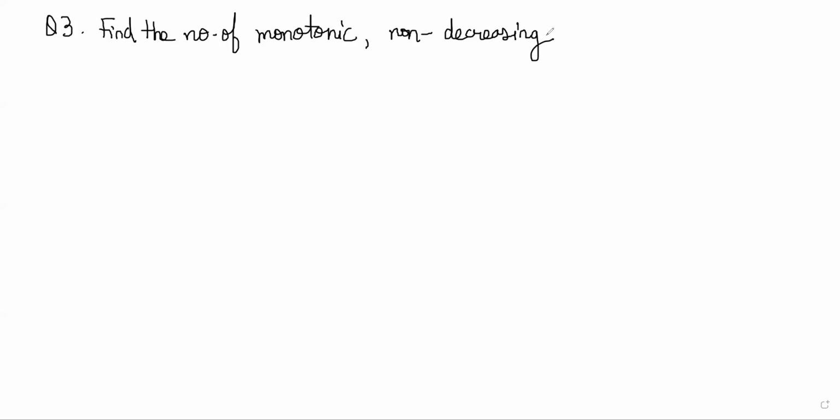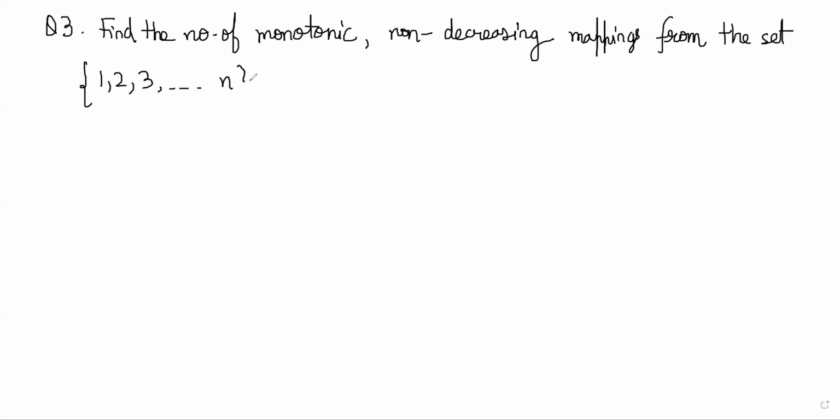This is known as find the number of monotonic, non-decreasing mappings from the set 1, 2, 3, ..., n to 1, 2, 3, ..., m.